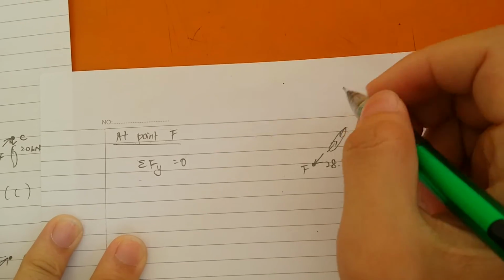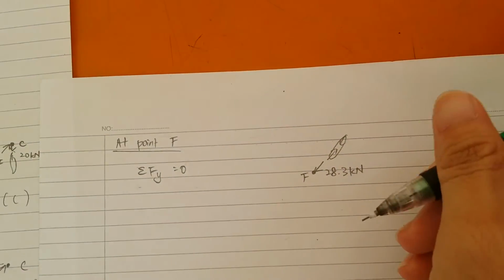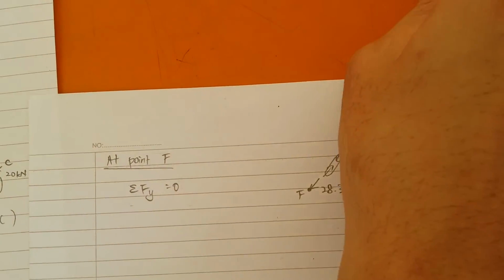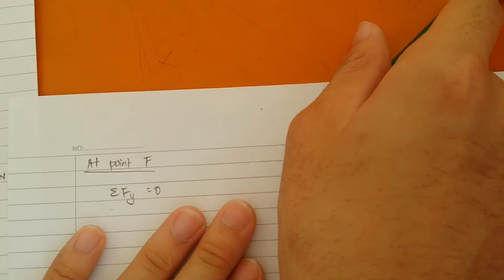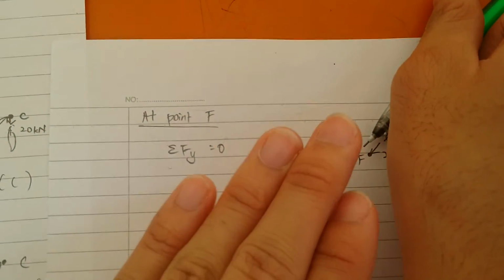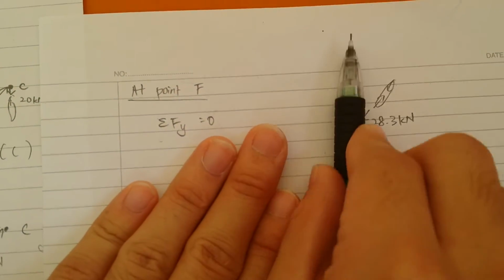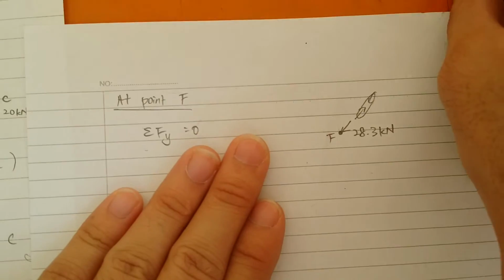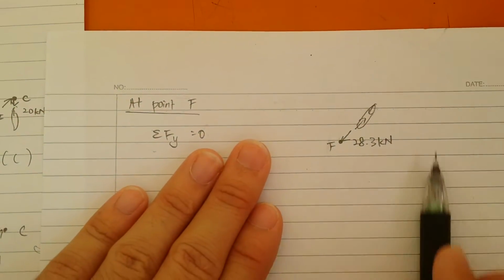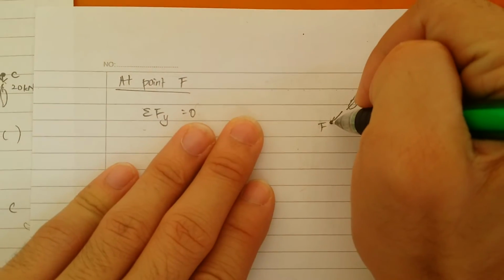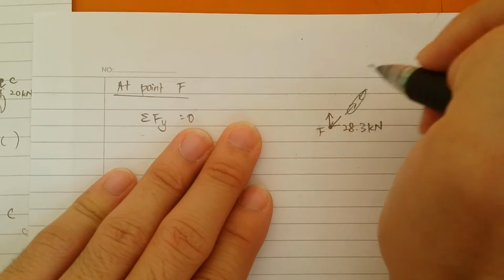Since the force is pointing towards the center, the reaction force on the point opposes the direction. Because we resolve this, we will get this. So the opposing force should be going upward. So it's tension.